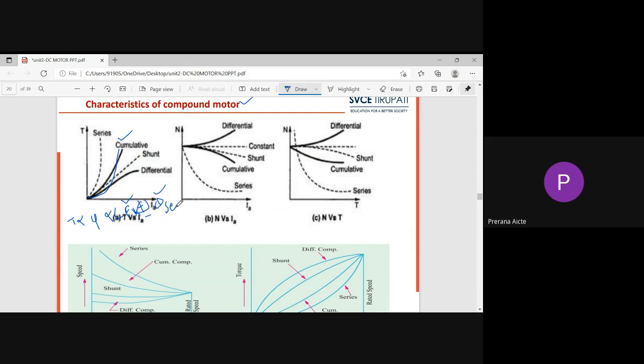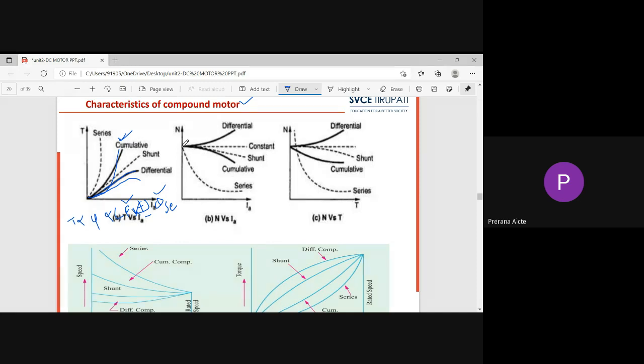The series field flux is opposite to the shunt field flux, so net flux is reduced. When net flux reduces, the torque reduces. See the comparison between cumulative and differential: in cumulative, both fluxes are added, so the torque increases. Here the torque decreases.